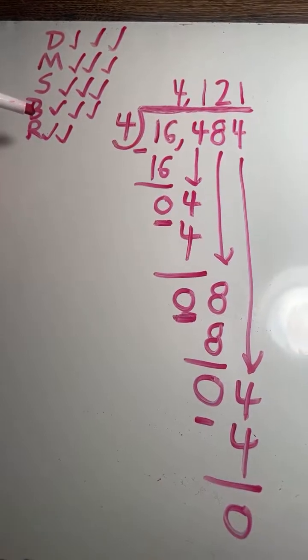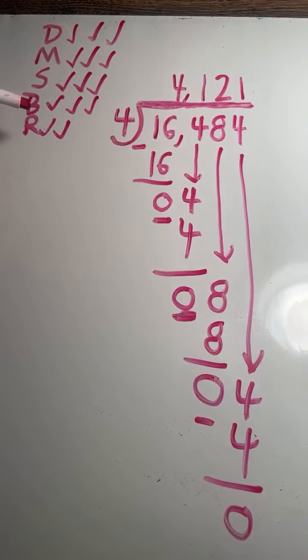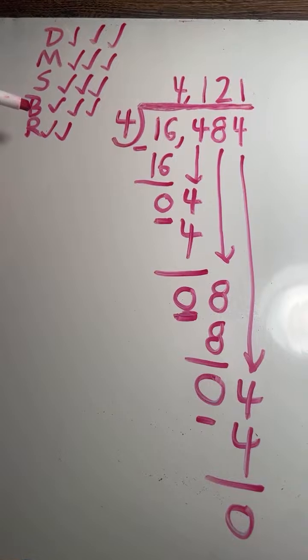And at this point, there is nothing left to bring down, and there are no remainders, and we have our final answer. 16,484 divided by 4 equals 4,121.